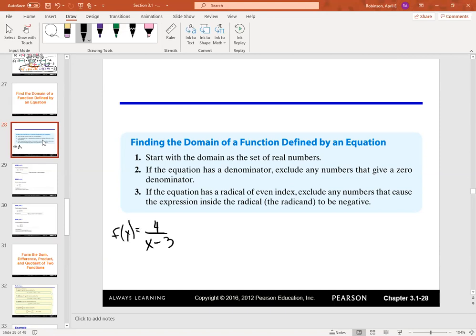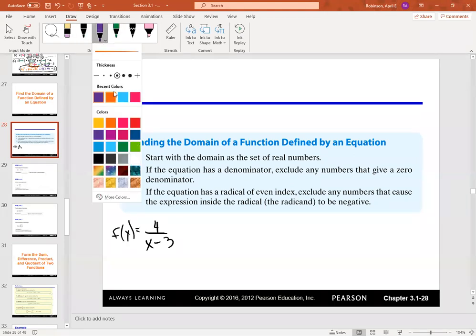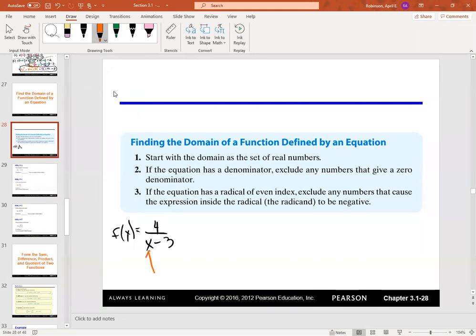On this one, x can be anything except for 3. X is not allowed to equal a 3, because if you stick a 3 in there, you're going to get 4 over 3 minus 3, which is 4 over 0, and you put that in your calculator and it gives you a big error message.